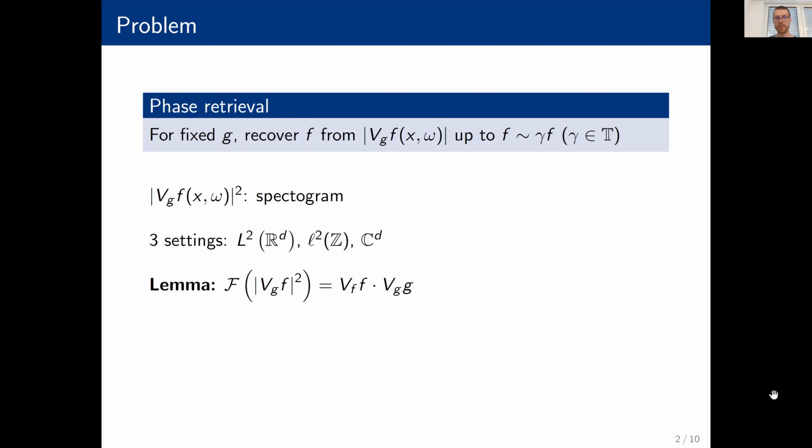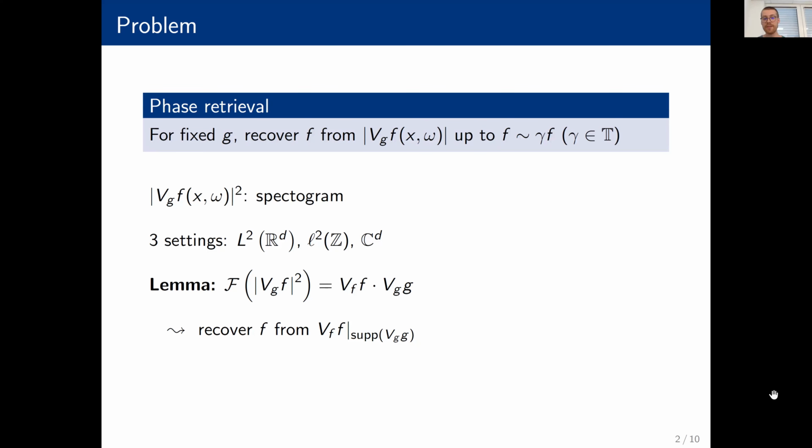And this is the part which essentially captures the information about f. And in order to solve this equation for V_f f, we have to divide by V_g g, which of course is only possible when V_g g is non-zero. And so from this standpoint, phase retrieval kind of becomes a sampling problem. So we can rewrite this as a sampling problem of recovering f, again, up to global phase factor, from V_f f on the support of V_g g.